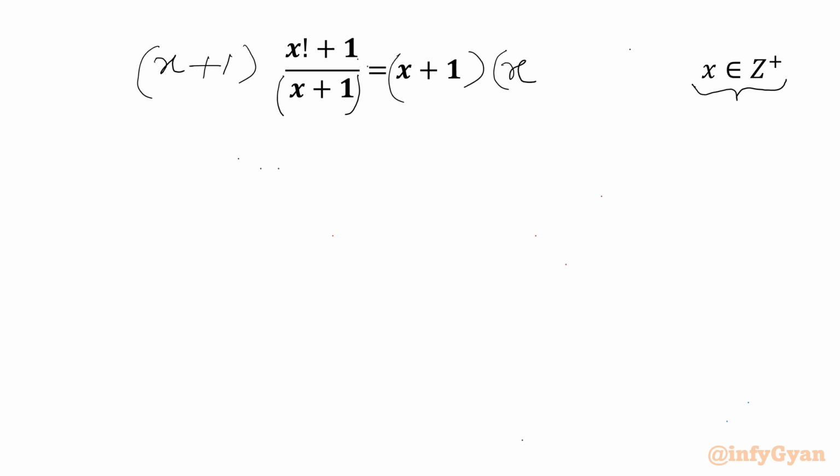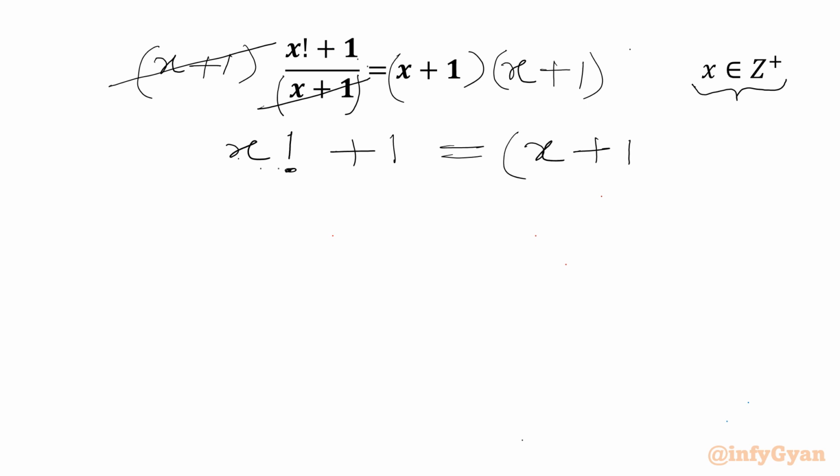In the RHS, x plus 1 is also there, so the denominator x plus 1 will be gone from the LHS. So I can write x factorial plus 1 equals (x plus 1) whole square.